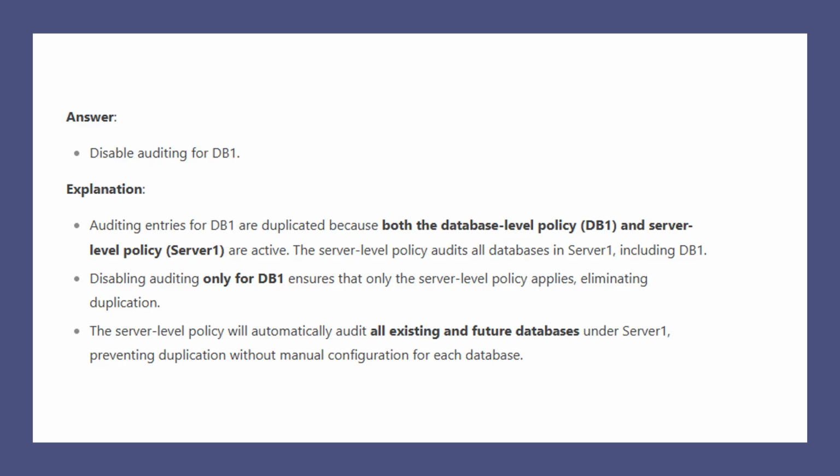So disabling auditing only for DB1 ensures that only the server level policy applies, eliminating duplication. The server level policy will automatically audit all existing and future databases under Server1, preventing duplication without manual configuration for each database.